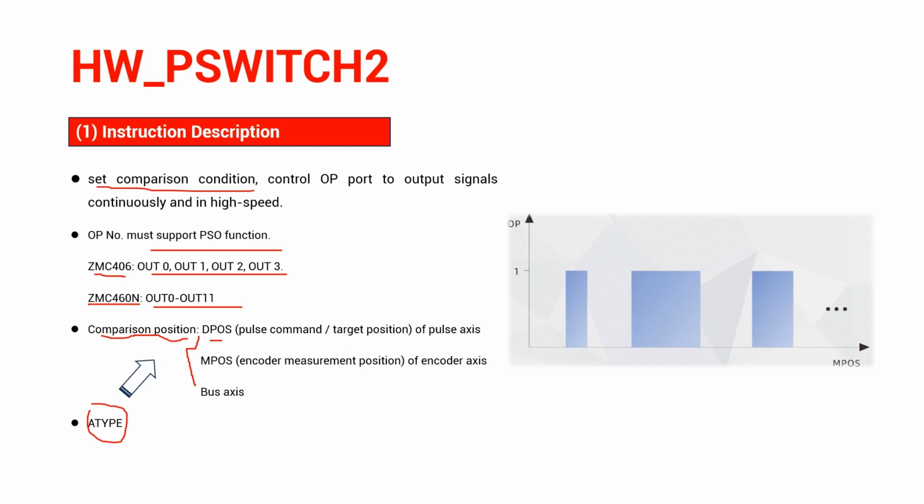That is, if configured ATYPE is with no encoder, MPOS will be used automatically. If not, DPOS will be used. We could see this. It shows comparison output. Essentially, it controls OP's continuous flip with the changes of the positions.